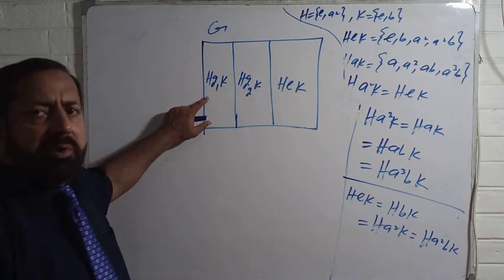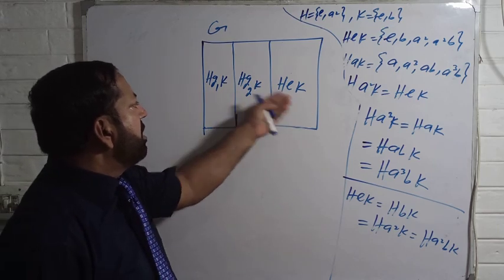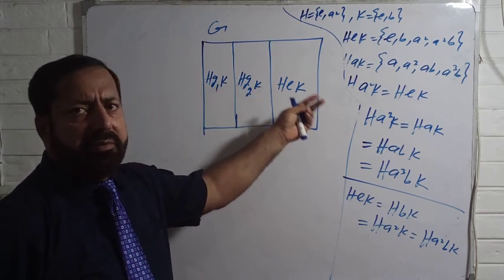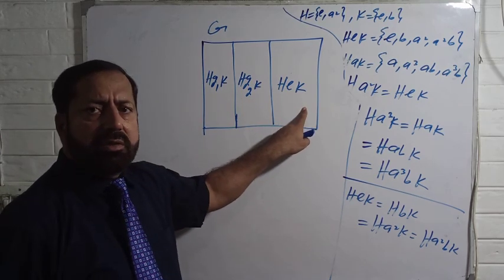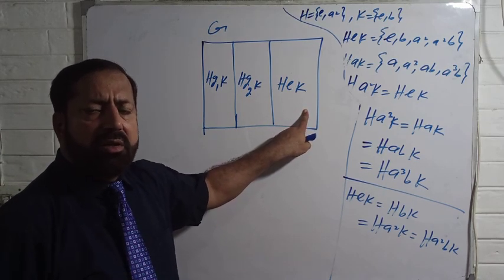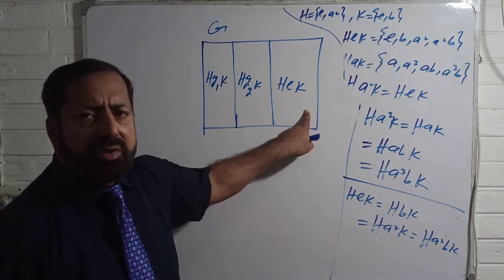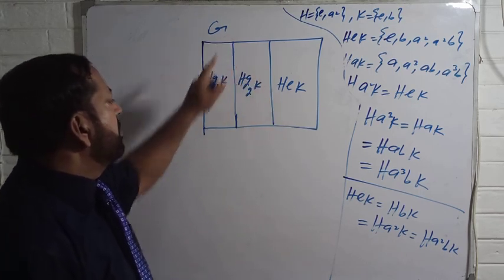These are the three possible double cosets. So look, they are defining a partition of G, because all these three double cosets have no intersection with each other, and their union is the entire G.